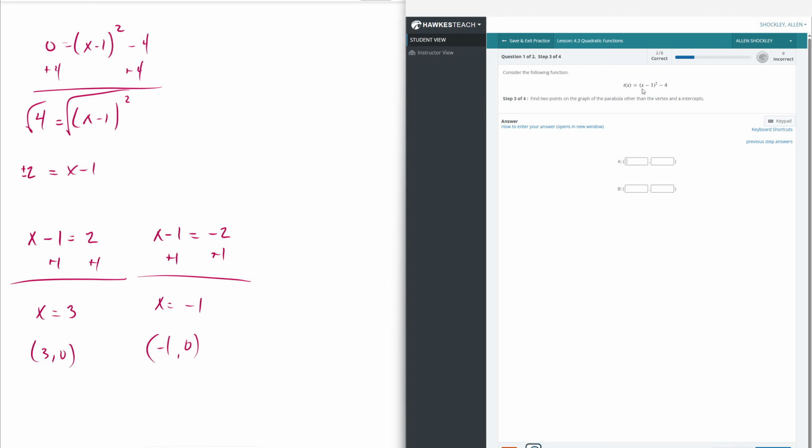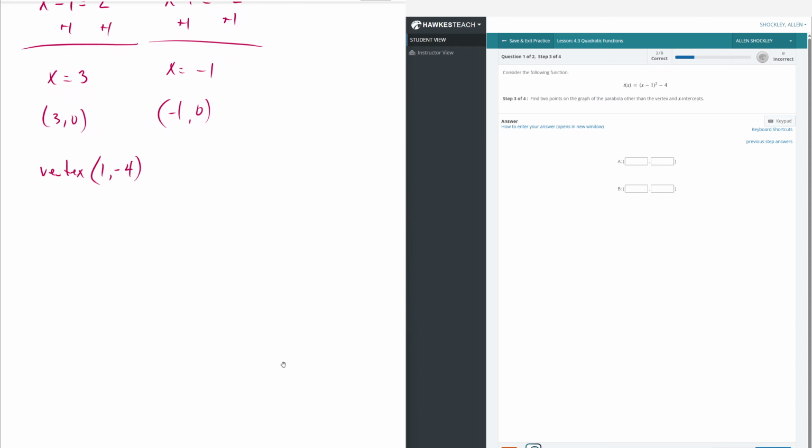The only difference is I cannot use the number 3, I cannot use the number negative 1, and I also can't use the vertex, which would be 1, negative 4. So I can't use those, but I can use any number other than 3, 1, and negative 1. It's completely up to you what you choose to use.